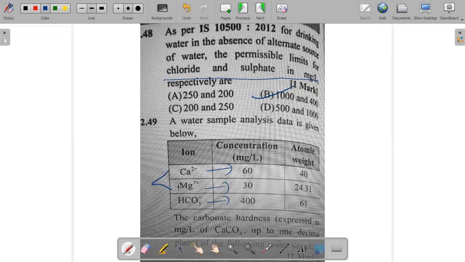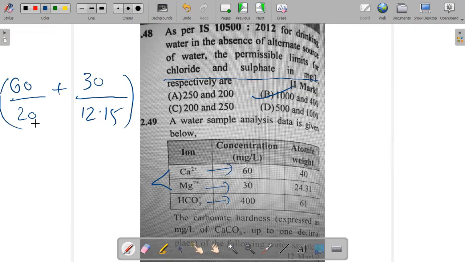So for total hardness we have Ca2 plus and Mg2 plus, so 60 divided by 40 by 2, 20, plus 30 divided by 24 by 2, so it is about 12.15, approx, multiplied by 50. So it's 3, and let's divide 30 by 12.15.